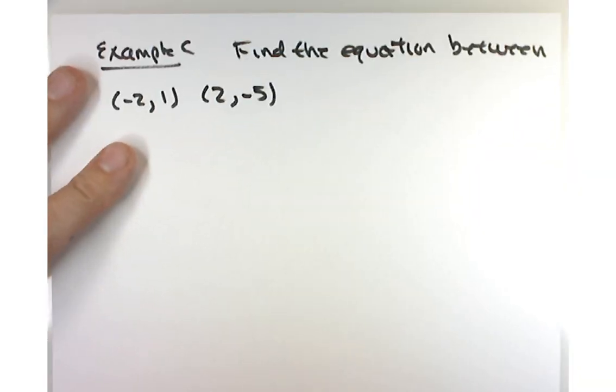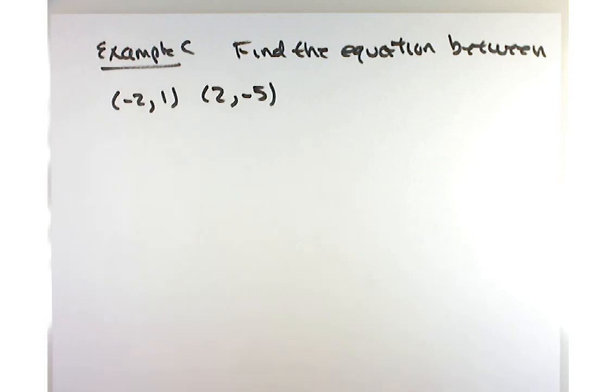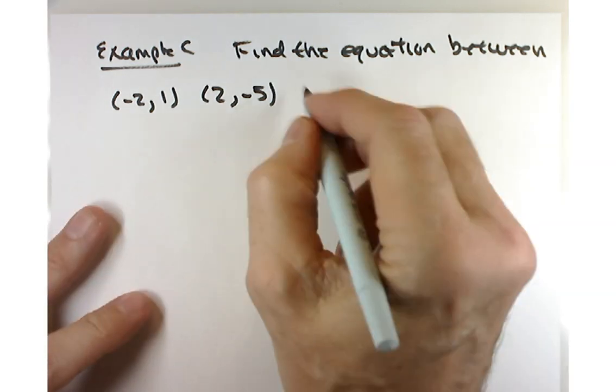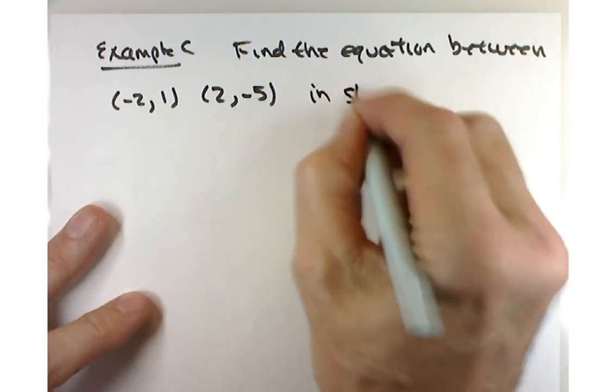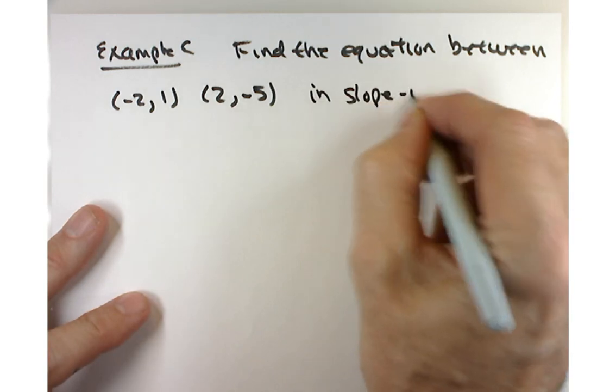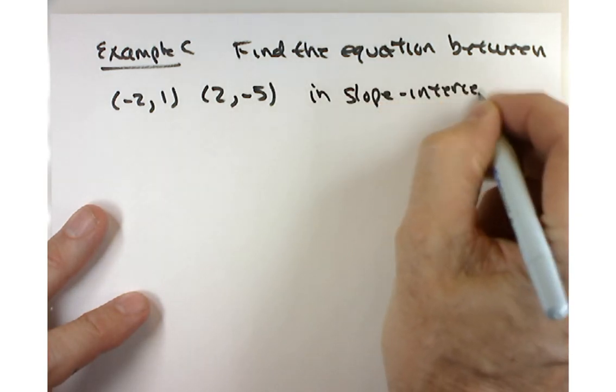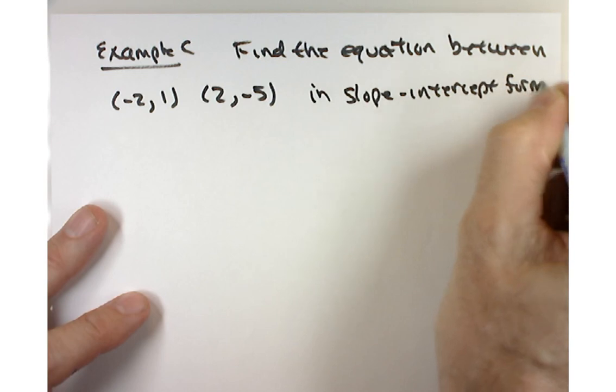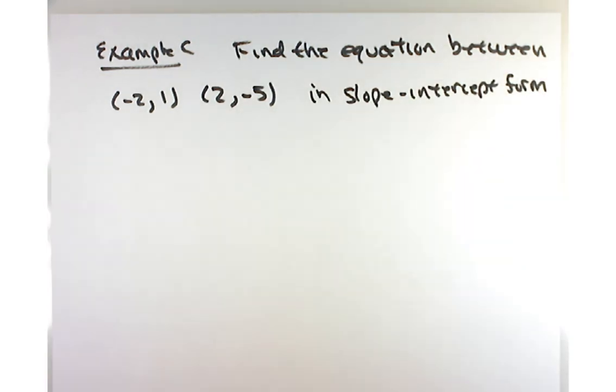And I'm going to want that in slope-intercept form. On an exam, I try to say that on every problem where I care about it, but that's pretty much my default. Basically what that means is that after you get your equation, you want to solve for y. You want to get y all by itself.